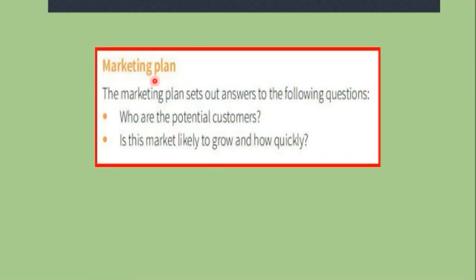Next, you need a marketing plan. The marketing plan sets out answers to the following questions. Who are the potential customers? And is the market likely to grow and how quickly? Right?